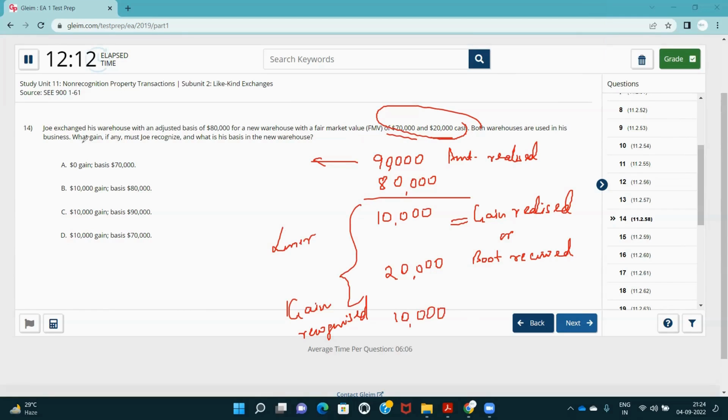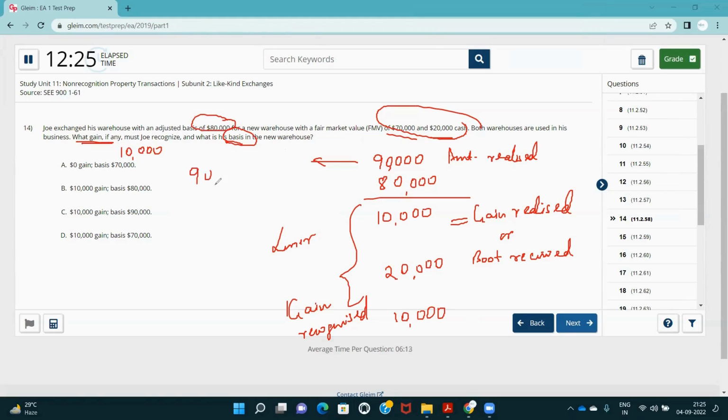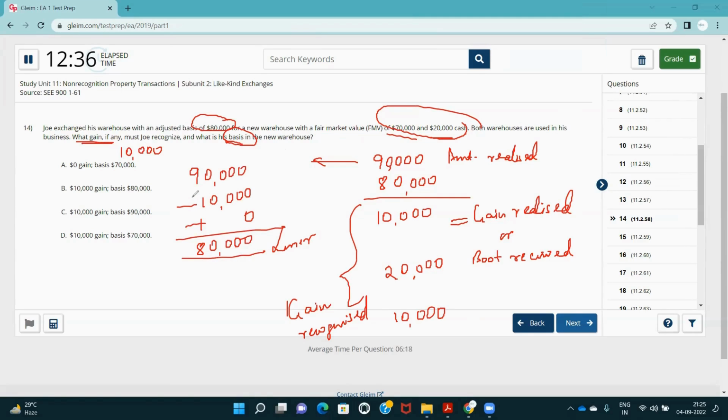How much gain will be recognized? This we know is 10, right? What is the basis of the new warehouse? The basis of the new warehouse is basically rollover हो रहा है, देखो. It's the new property that you have taken minus the gain that you have deferred plus the loss that you have deferred. Basically $80,000. Got it. Is that clear? B is the answer.